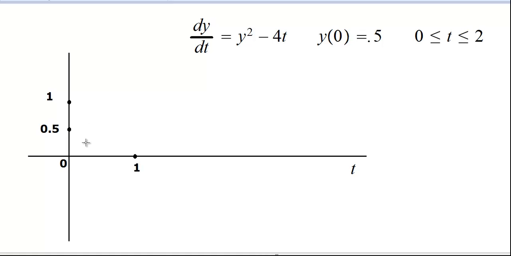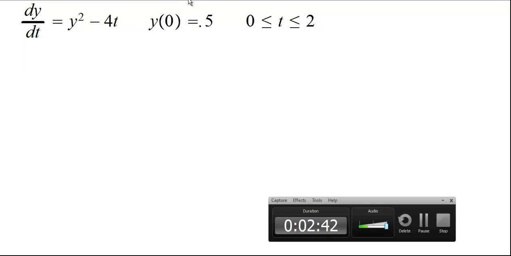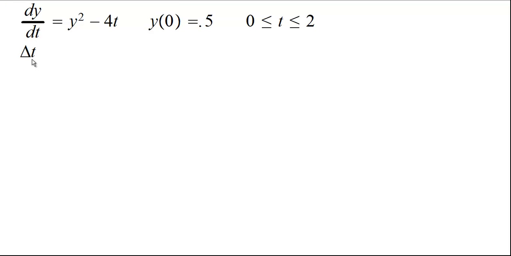Let me show you the calculations. So we had to take a small segment. Here we have our delta t, let's take that as 0.25, and then when we automate this with a computer program, we will take tinier segments.